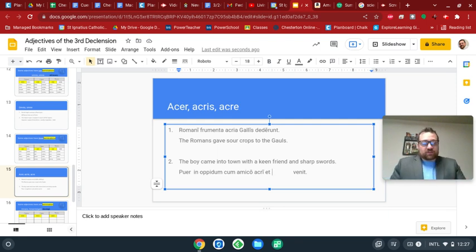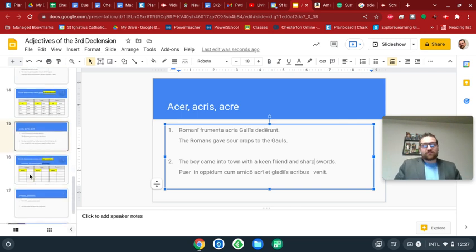So with swords, gladiis, acribus, cum gladiis acribus. So with sharp swords. So our final sentence is puer in oppidum cum amico acri et gladiis acribus venit.